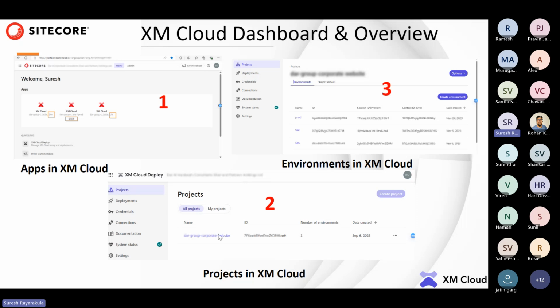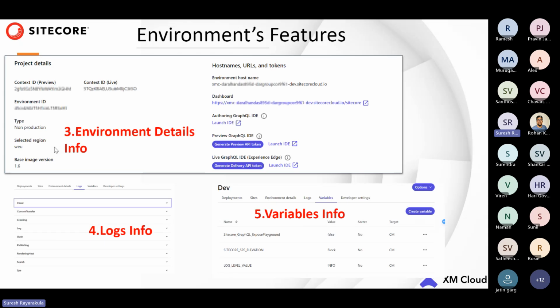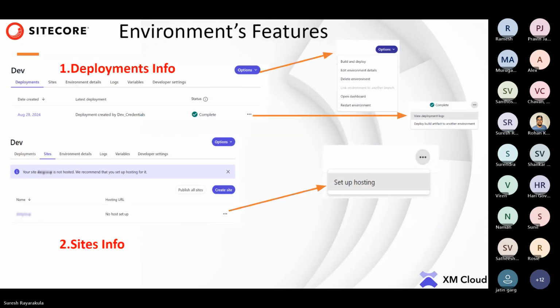Under the project, we can see the environments, the apps and the quick links. Among the quick links we can see XM Cloud Deploy. When you click on XM Cloud Deploy, it takes you to where you can handle all your projects.